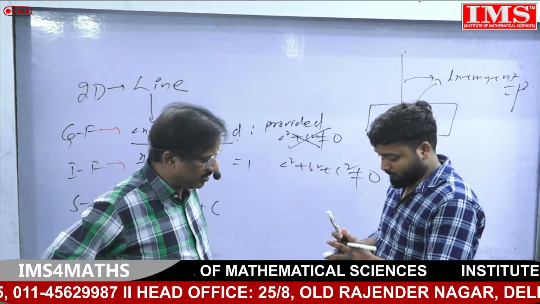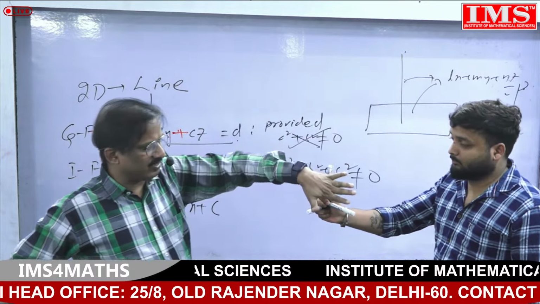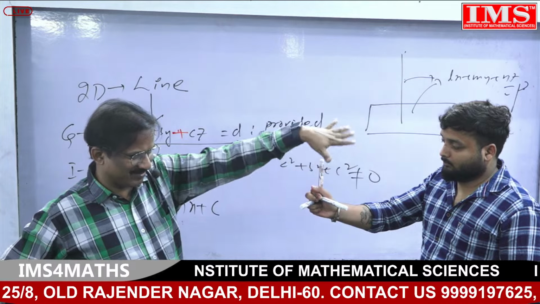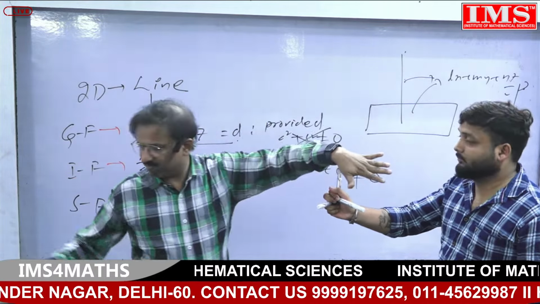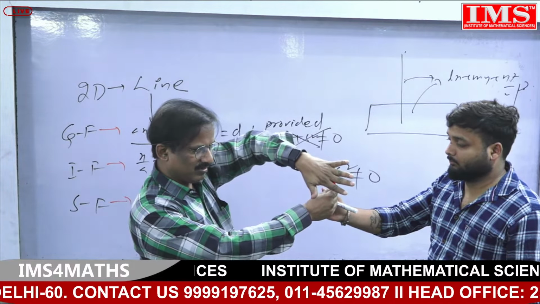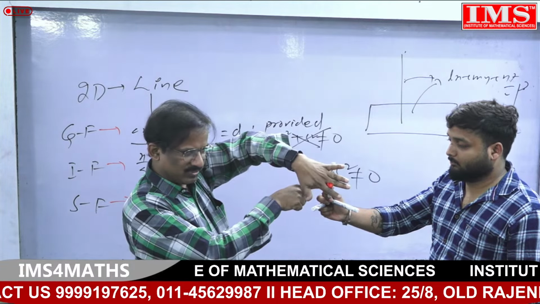When you ask me a question with these 3 axes of reference, I can find a plane like this. I'm not sure it's going to intersect anywhere, but this is the plane. From this plane to the origin, I'll find the perpendicular. And that perpendicular distance from this plane to the origin, you understand?